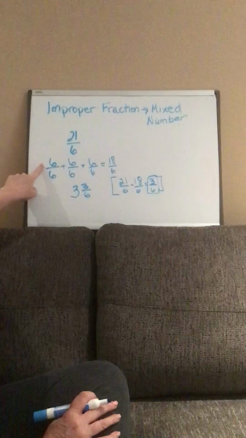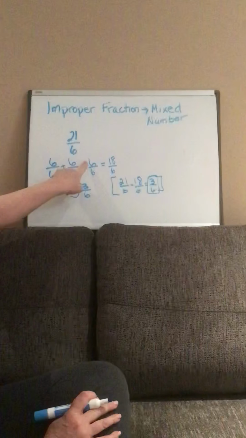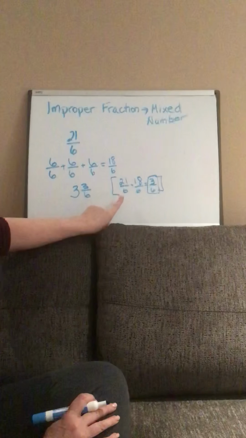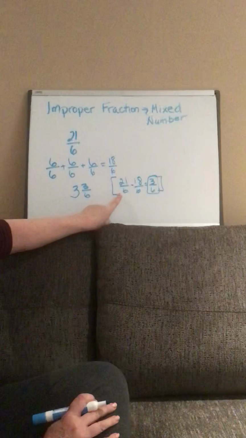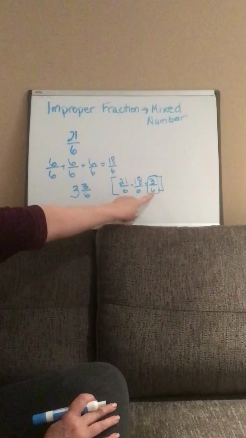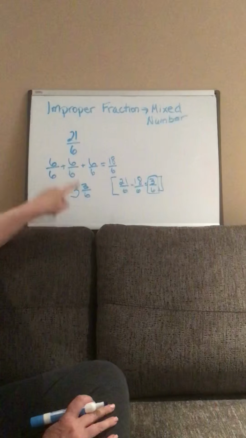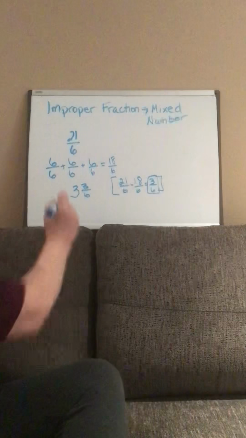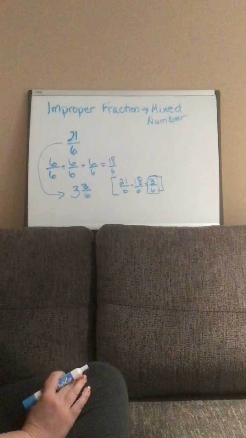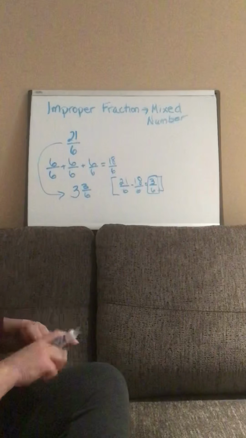So I know 6 over 6 plus 6 over 6 plus 6 over 6 becomes 18 over 6. My original fraction was 21 over 6. I subtract 18 over 6, which gives me a remainder of 3 over 6. So the improper fraction, 21 over 6, becomes the mixed number 3 and 3/6.